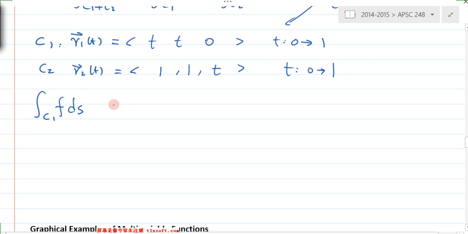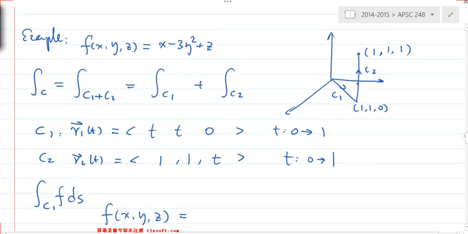Let's see what calculation we need to do before we plug in the numbers, so I'll write it separately. f of x, y, z needs the x, y, z replaced with x of t, y of t, z of t, from C1. So x of t is t, y of t is t, and z is 0.